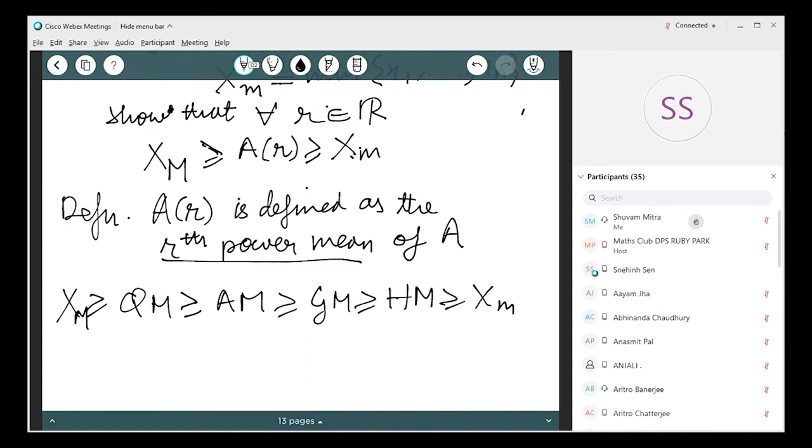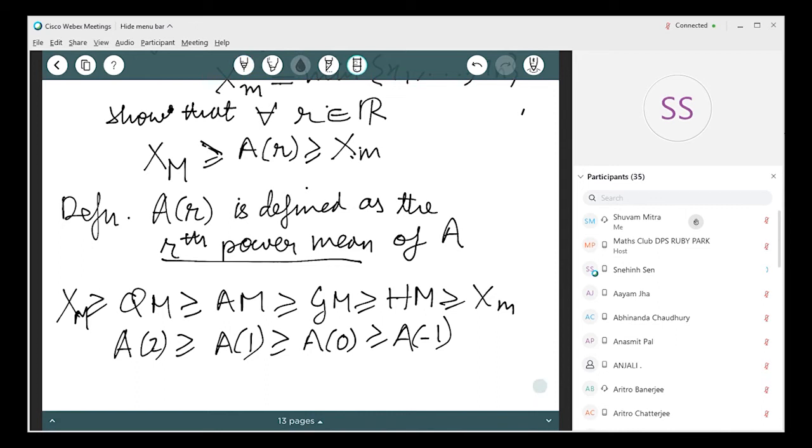In terms of our power means, we would write QM as A2, A1, A0, A minus 1. We can write this as XM, or another celebrated notation, but it uses some concept of limit, so I won't prefer to write it.